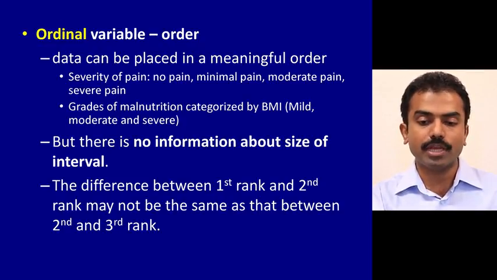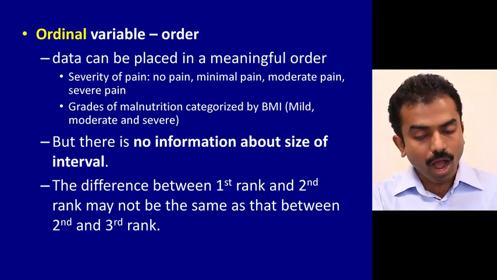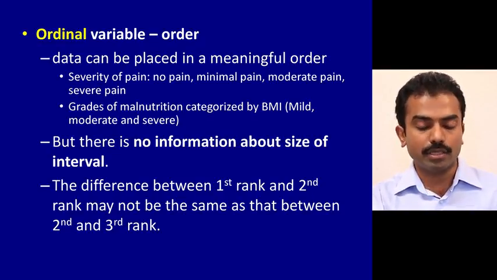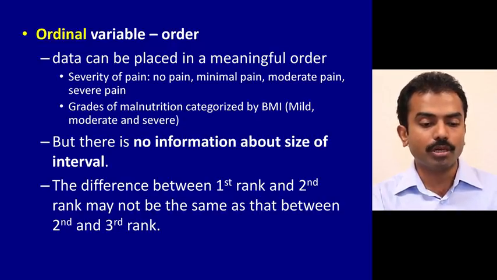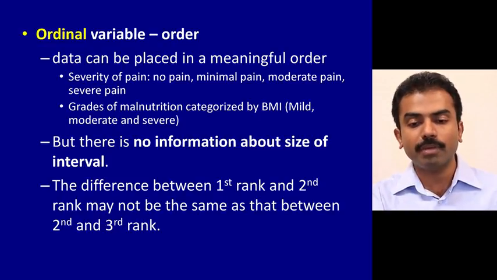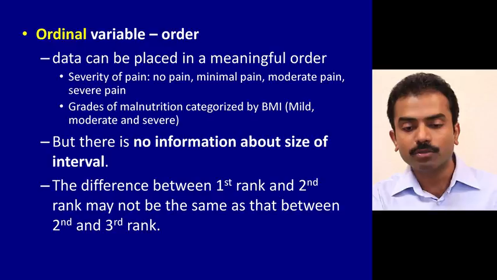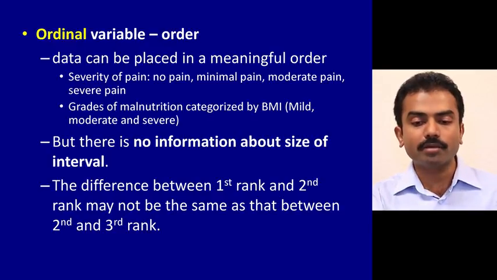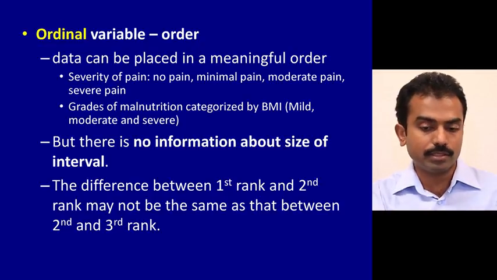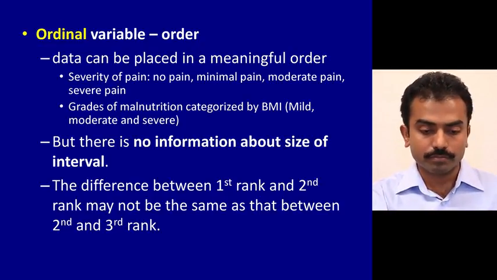Stage 1, stage 2, stage 3, stage 4. There are categories, they are qualitative, but there is an inherent order to these categories. But there is no information about the size of the interval. We can't say that the difference between no pain and minimal pain is the same as between minimal and moderate pain. We can't be that detailed, but yes, it can still be placed in terms of some order.